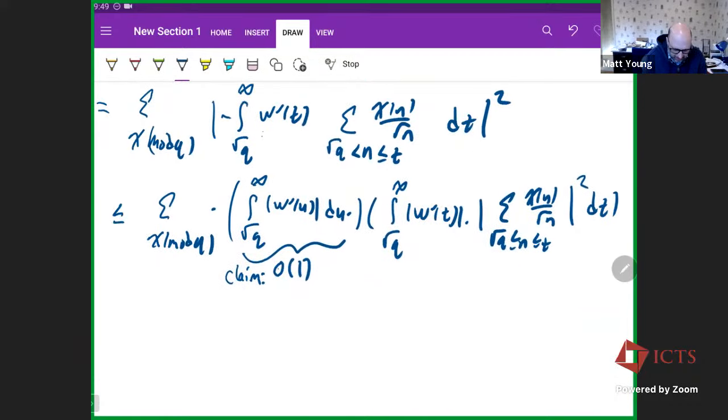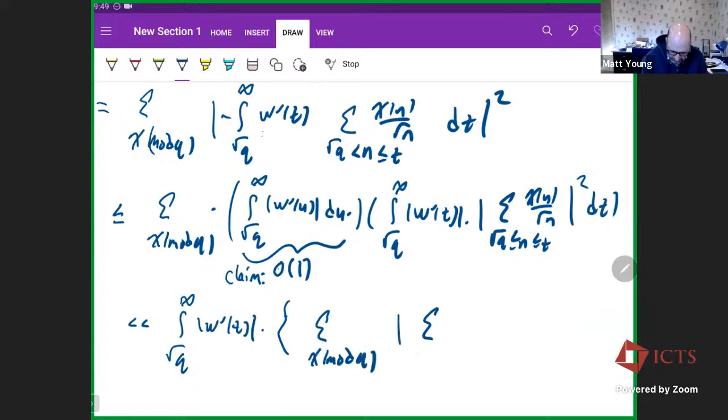So then this should be bounded by the integral from root q to infinity of the absolute value of w prime of t, and now it's just to put everything in the right place. It should look like this.